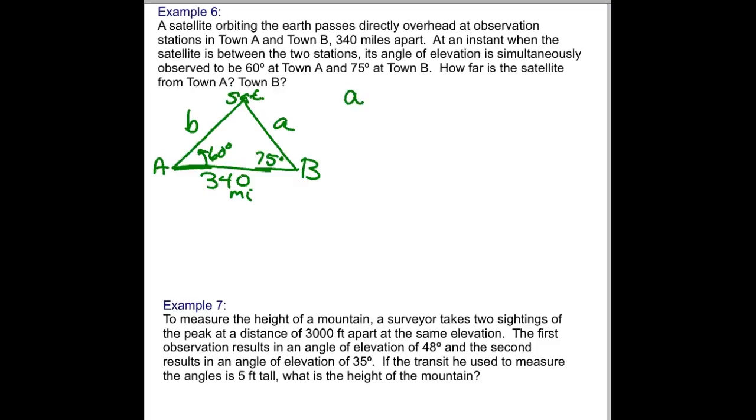So side A is to sine of 60 as 340 is to, okay, so we had to find angle C, right? Okay, so angle C was 180 minus 60 minus 75, or 45 degrees.